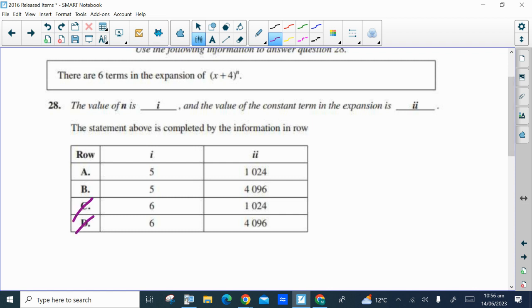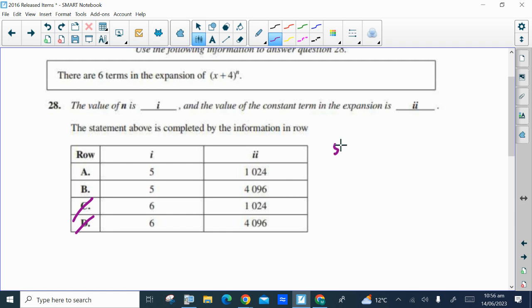So we can eliminate C and D. So the constant term in this case would be the last term, because the first term will have an x to the power 5. The next term will have an x to the power 4, and so on. So again, the constant term will be the last term.